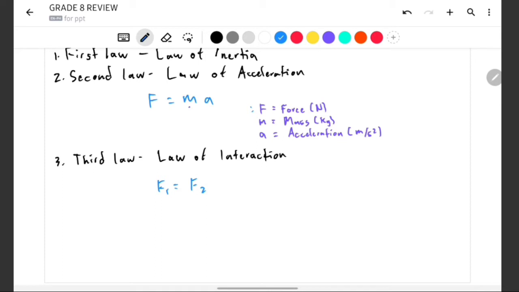Or, for every action, there's an equal but opposite reaction. Action is equal to reaction. So, ibig sabihin yan, pwede siyang maging M1 times A1 is equal to M2 times A2. Magagamit natin yan mamaya sa mga examples natin.